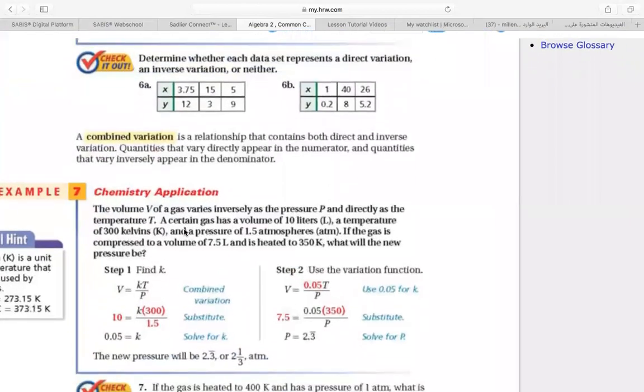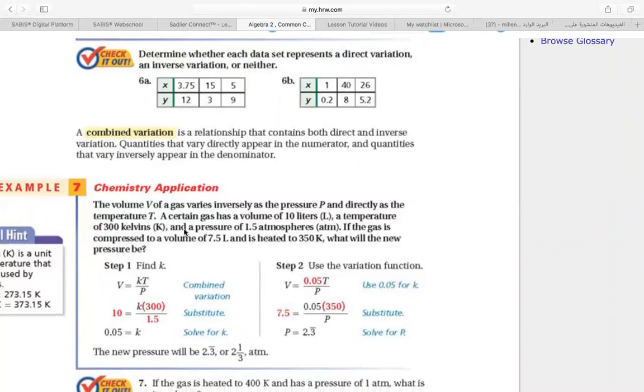A combined variation is a relationship that contains both direct and inverse variation. Quantities that vary directly appear in the numerator, and quantities that vary inversely appear in the denominator. Again, quantities that vary directly appear in the numerator, so directly will be in the numerator and inversely will be in the denominator.